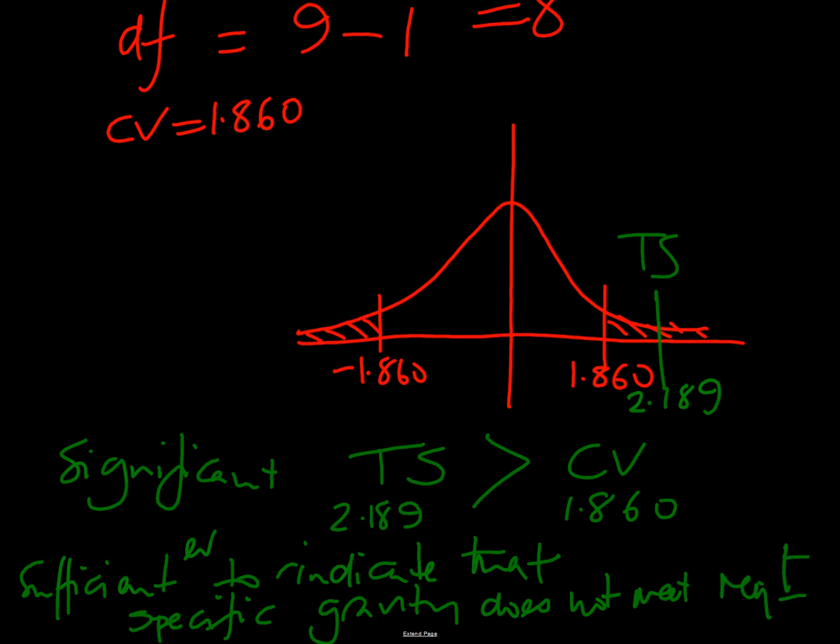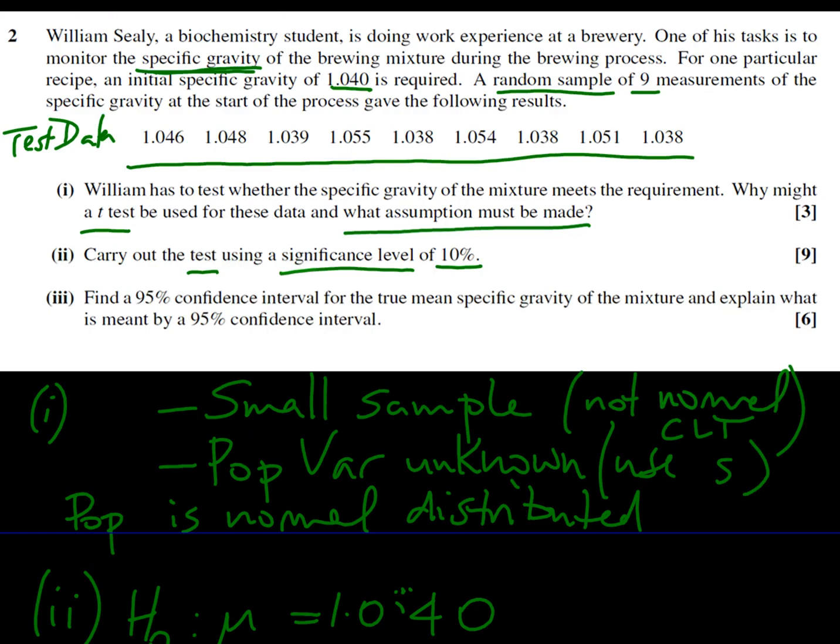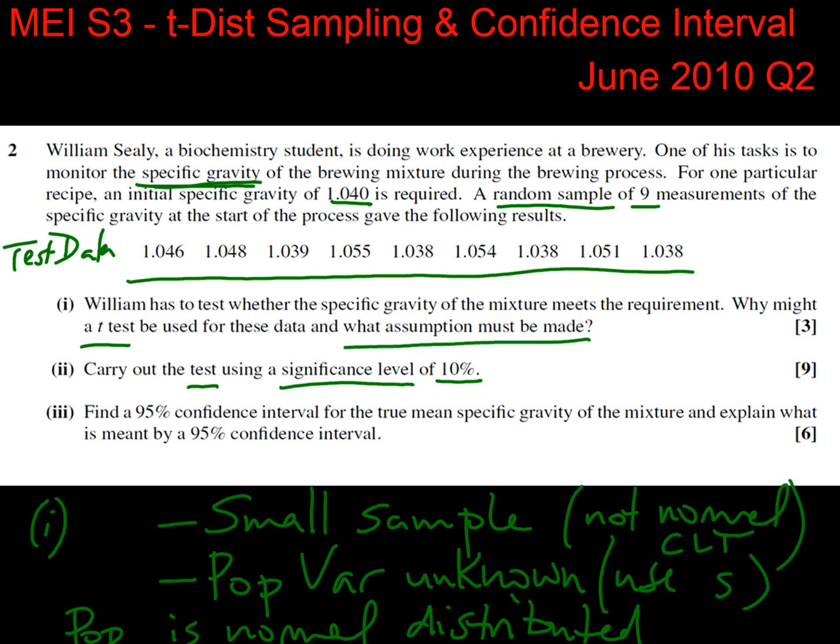In effect, if this was beer and that was a batch of beer, it would not meet the requirement. So there we are. That's part 2 done. And how many marks do we get for that? We get 9 marks for that.